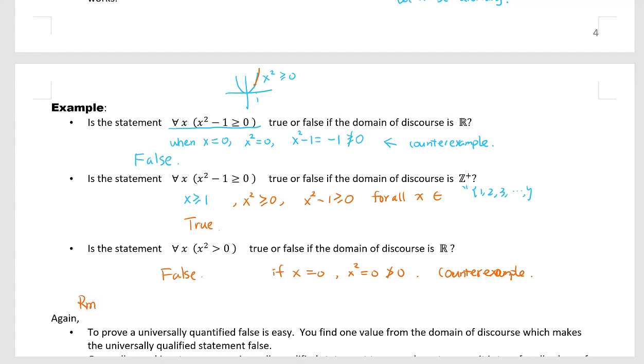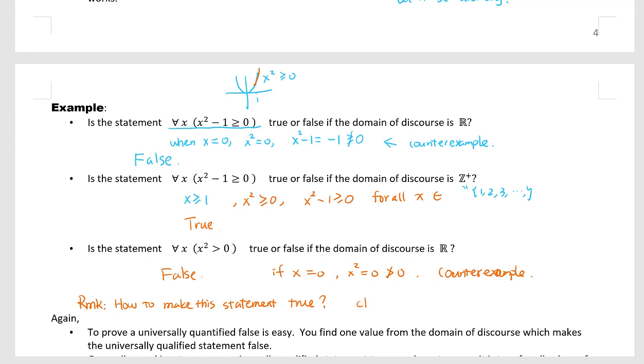How do we modify the domain to make this statement true?